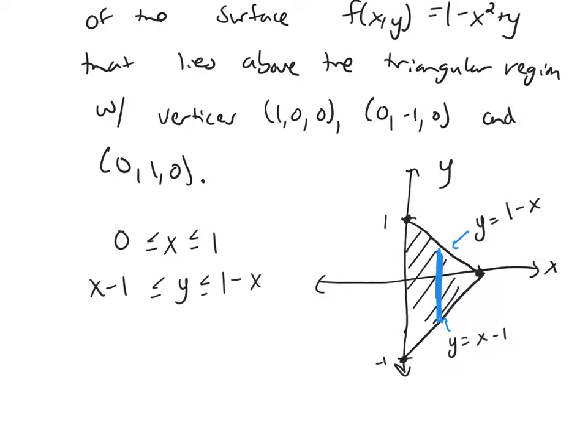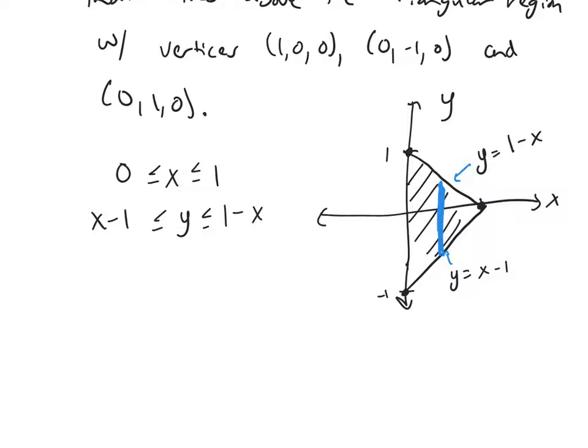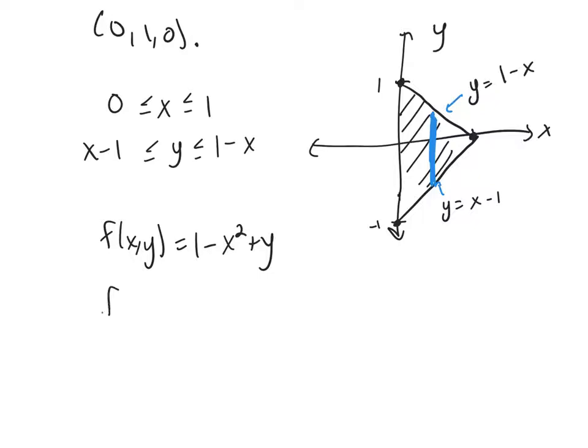And then we're going to need to take our function f of x, y, which was 1 minus x squared plus y, and find the partial derivatives of that function. So f_x would be negative 2x, and f_y would be 1.